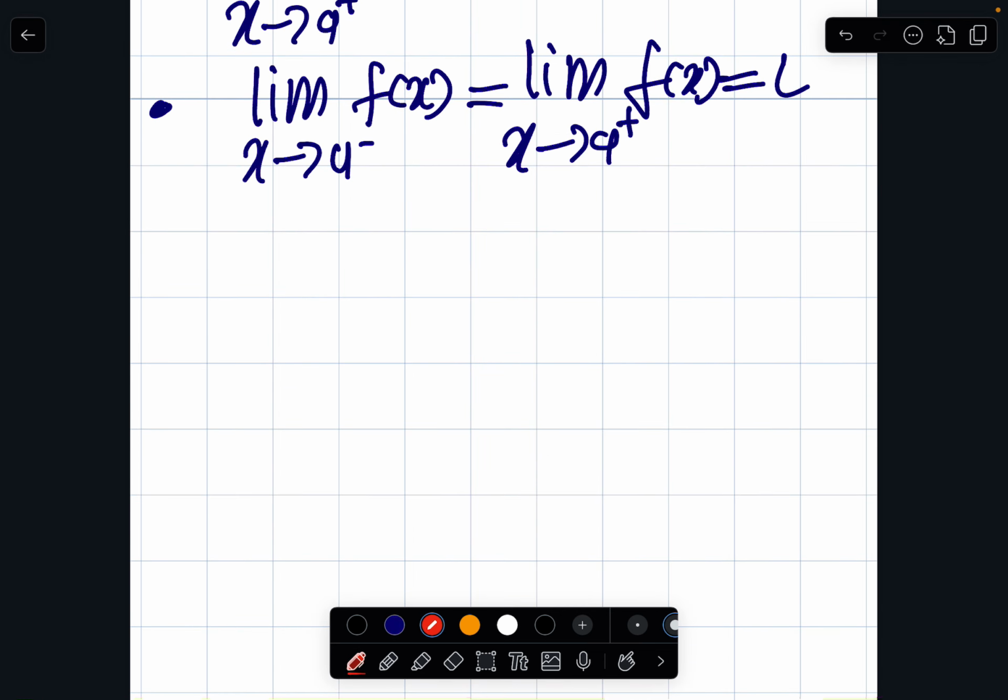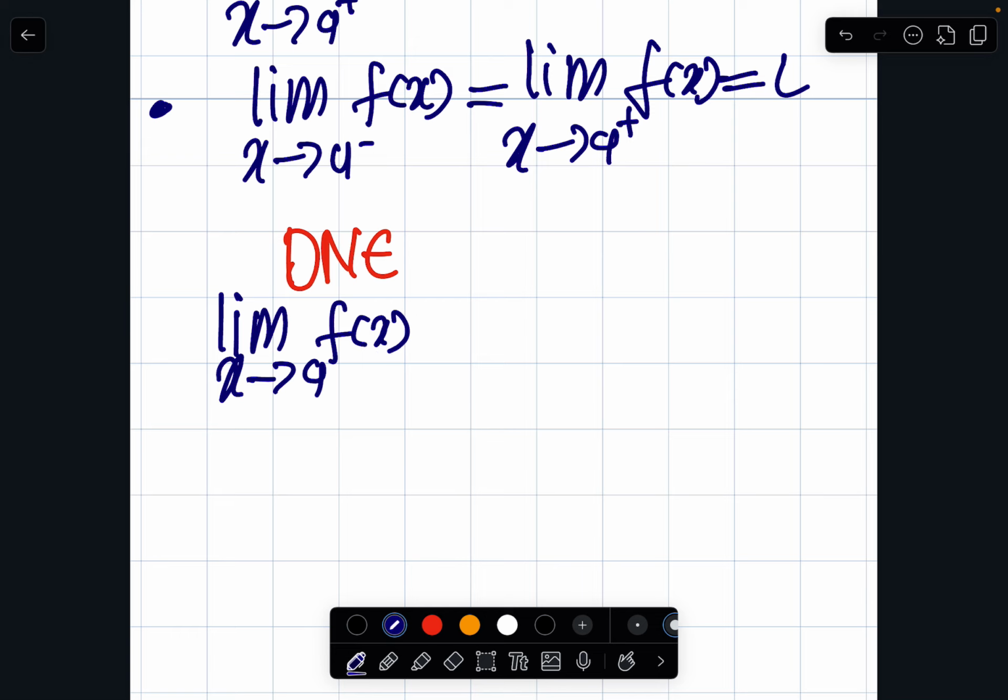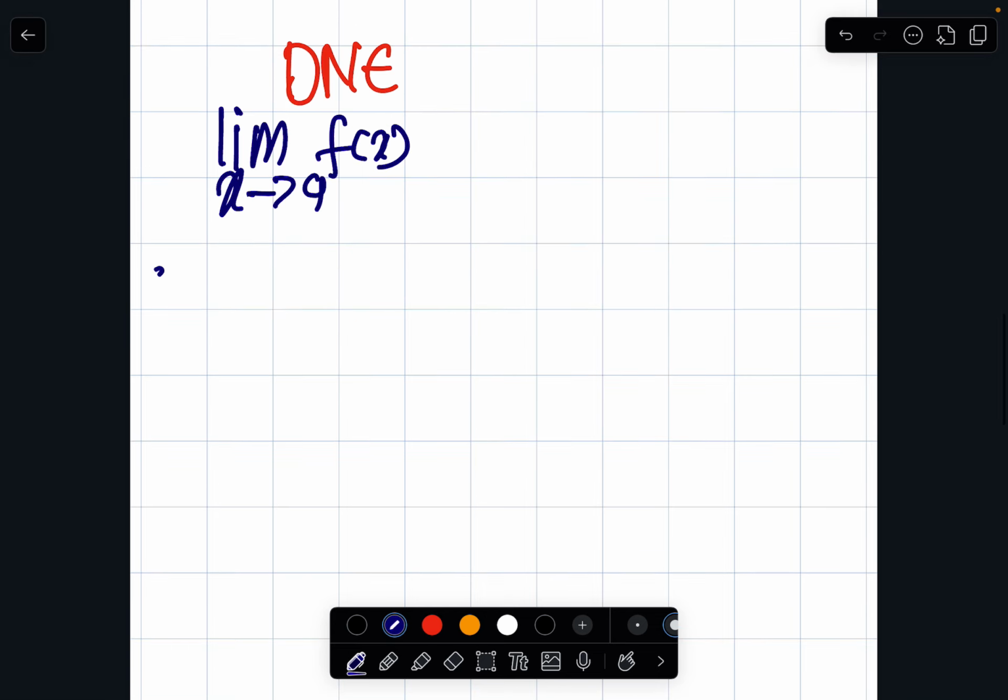Another point: when can you say the limit does not exist? Suppose you have the limit as x approaches a of f of x, where a is a certain value. For a limit to not exist, there are two methods that you should know.